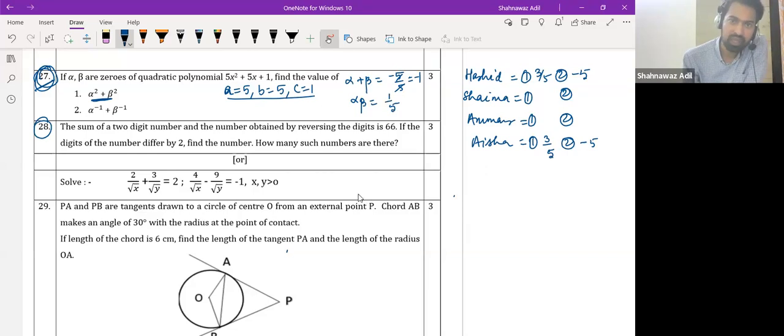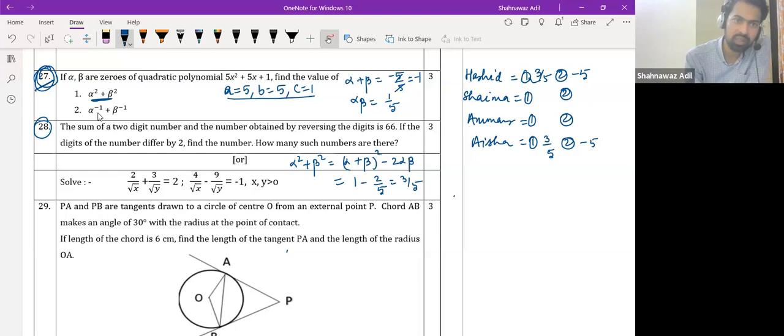And as I discussed earlier, I can write alpha square plus beta square as alpha plus beta whole square minus 2 alpha beta. Right, Shaima? Yes, sir. So this is 1 minus 2 by 5, as Hashid was saying. So this would be 3 by 5. So this is correct.